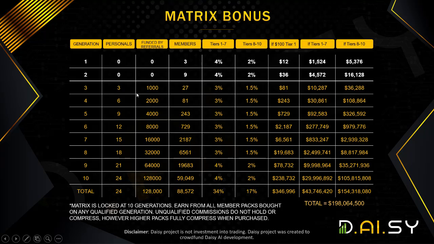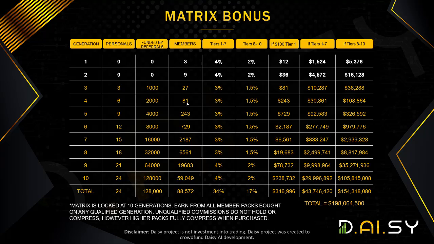So then you can benefit from the next generation, and when this generation is filled up, there's 81 places, and if it's filled up, then for the $100 matrix, you get nearly $250 for that.